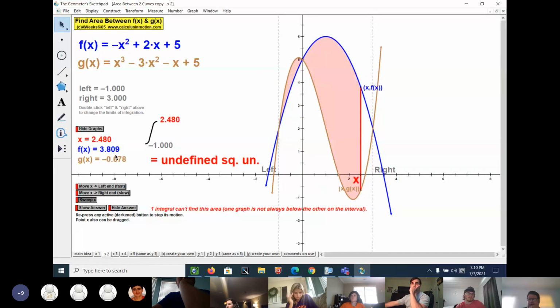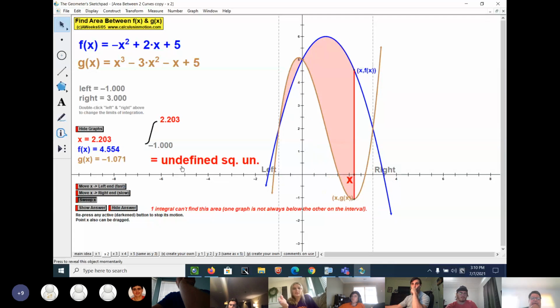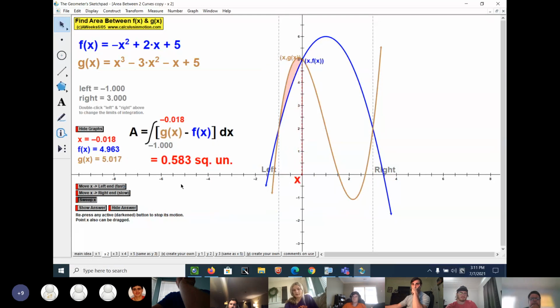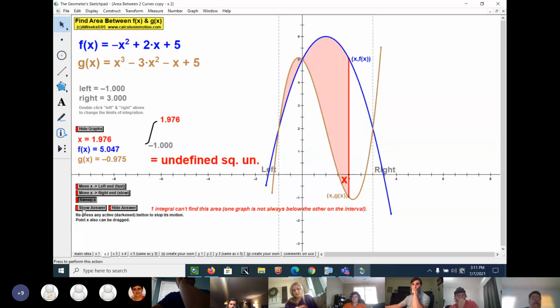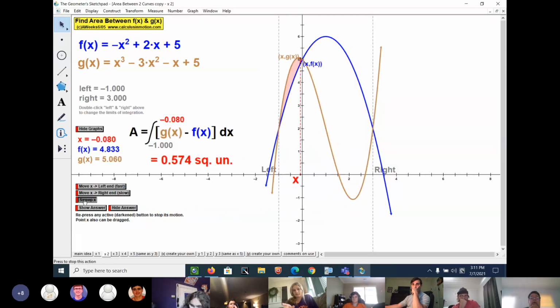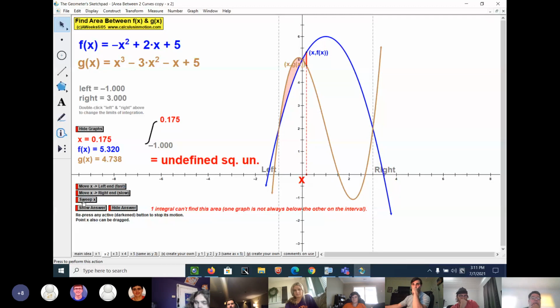You're supposed to add them, yes. Never mind. I don't know why this is saying undefined square units. If it'll give you the first little part and you could stop there and then take the second and add them together, I wonder if it would still say undefined. I don't know.